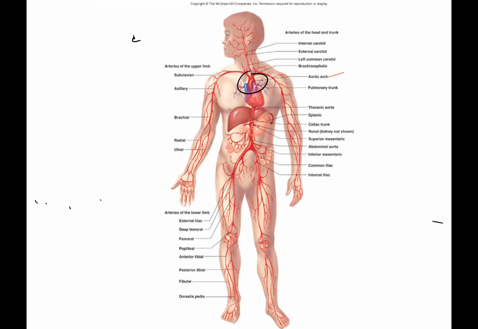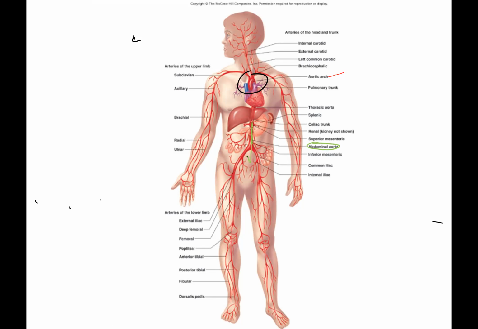Okay, so earlier we mentioned once the thoracic aorta pierces the diaphragm, it turns into the abdominal aorta, because now you're in the abdomen. Okay, so the abdominal aorta continues to go inferior.